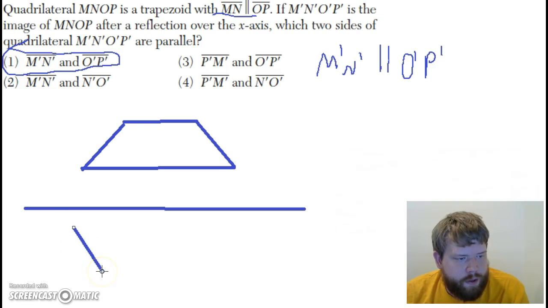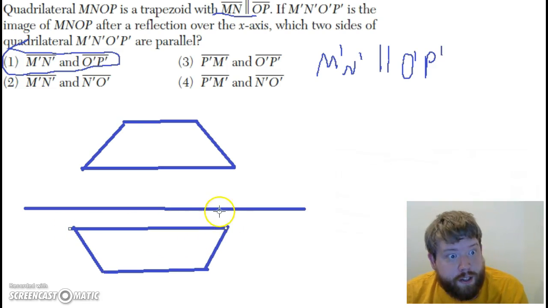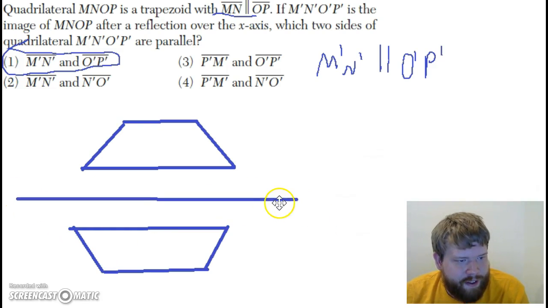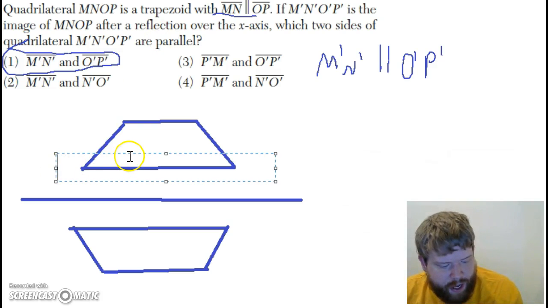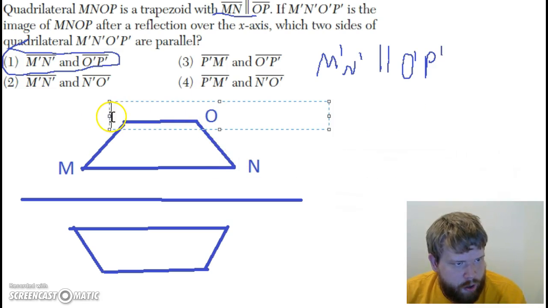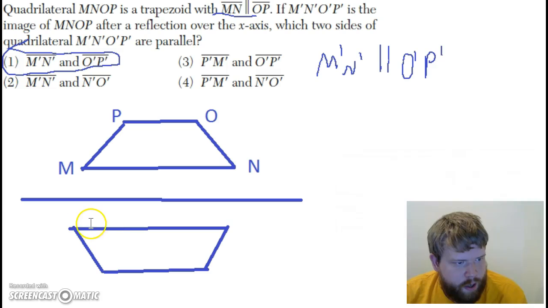All right, so now I have the drawing, not to scale. In fact, this is horrifically not to scale. Okay, it's a little better. All right, so now imagine we have M, N, that's the bottom, and then O, P on top.